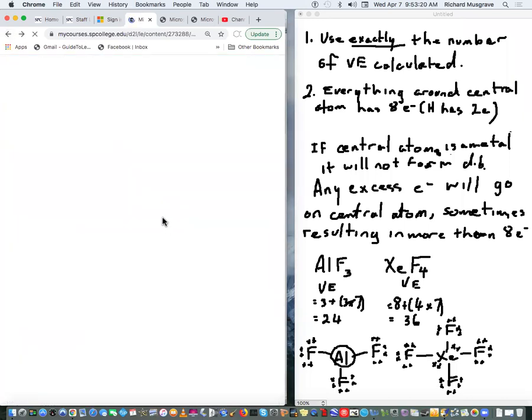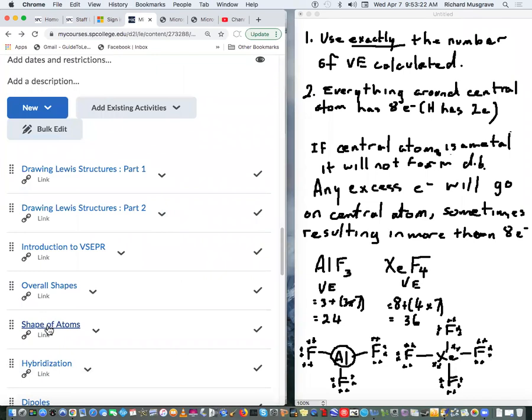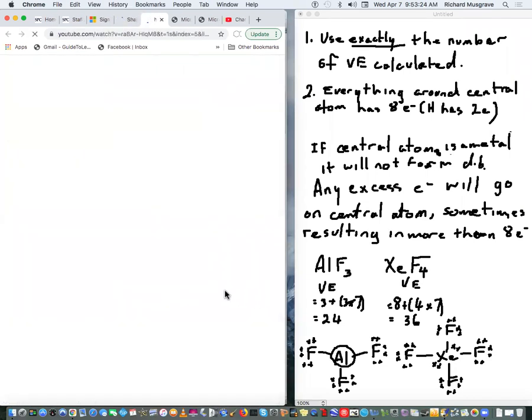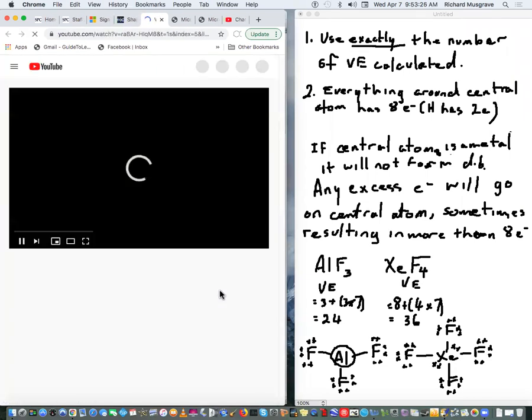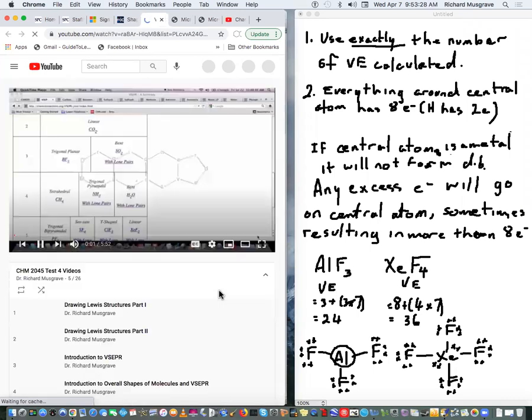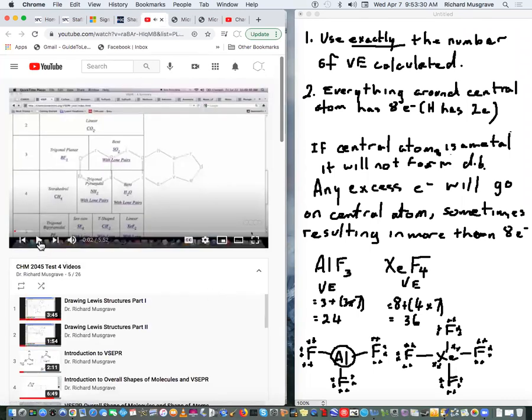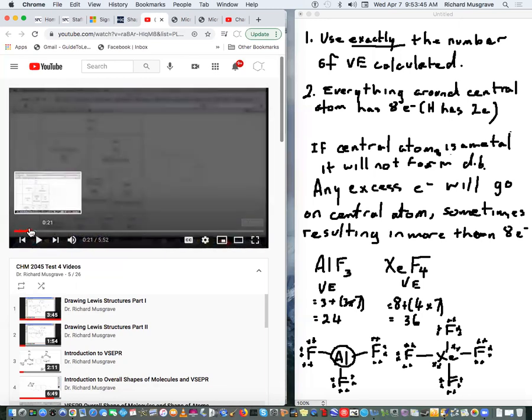But let's look now at the shape of atoms, which introduces the concept of what goes on when we replace some of these atoms in the overall shape with non-bonding electron pairs. All right, so let's look at some examples of that here on the video.